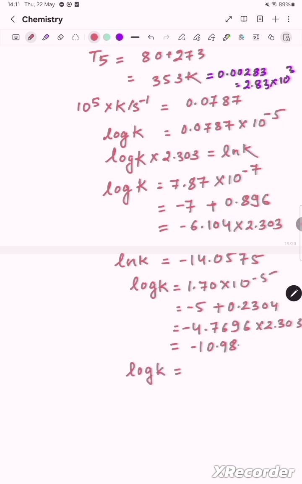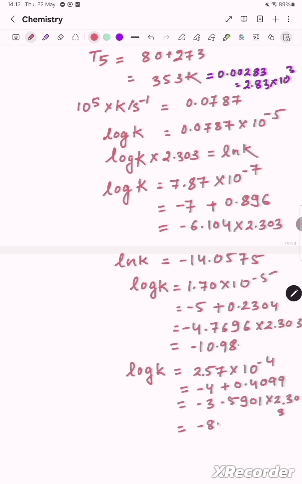Of 25.7, that will become equal to 2.57 multiplied by 10 to the power minus 4, and this value will become minus 4 plus 0.4099, which is equal to minus 3.5901 multiplied by 2.303, that will equal minus 8.2680.